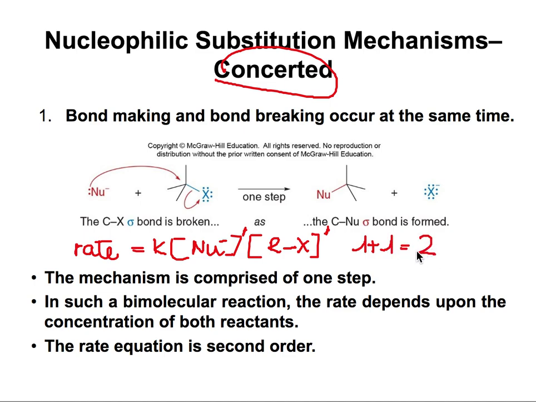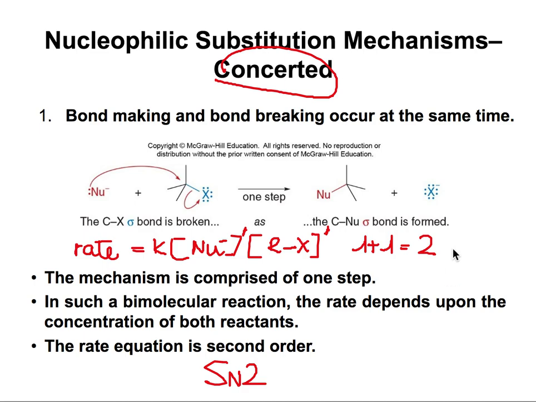That's why we would call it a bimolecular reaction, because both of the reagents are involved and the order of the reaction is 2. And so the rate of the reaction is second order. This is one option. And this is what we actually call an SN2 type of reaction.